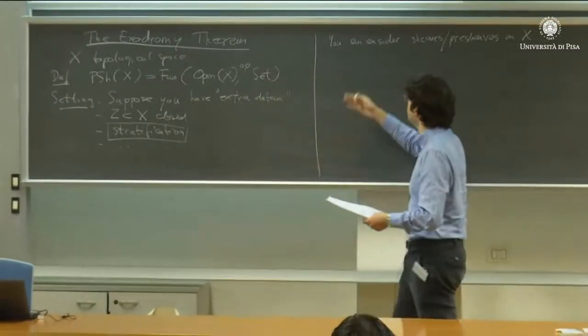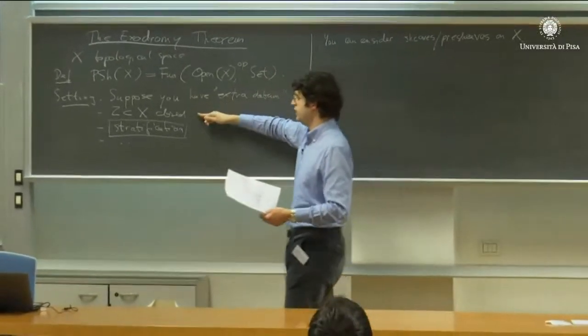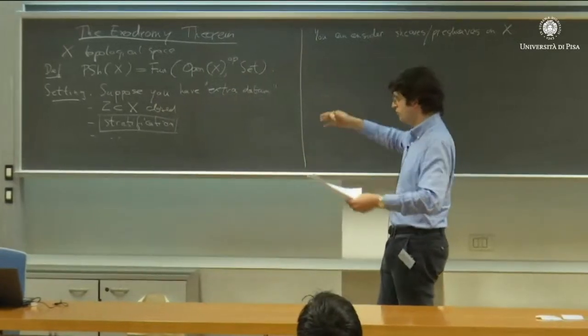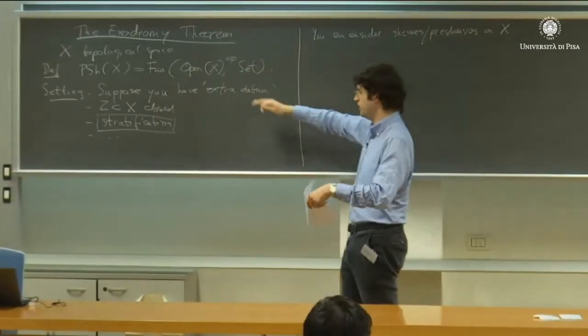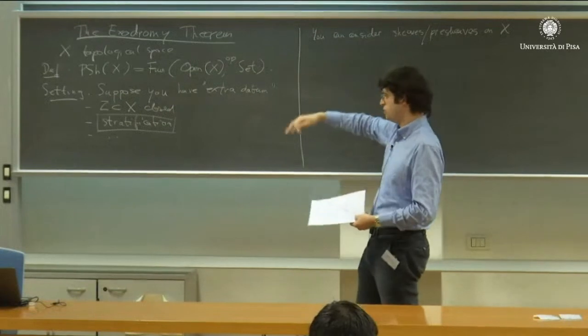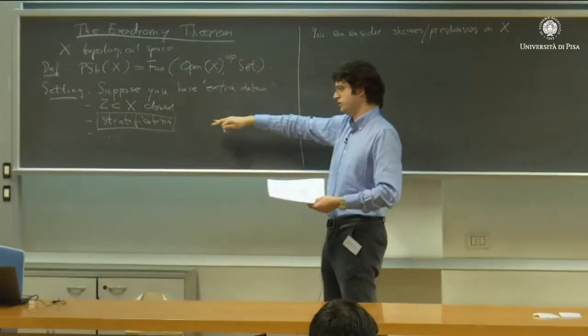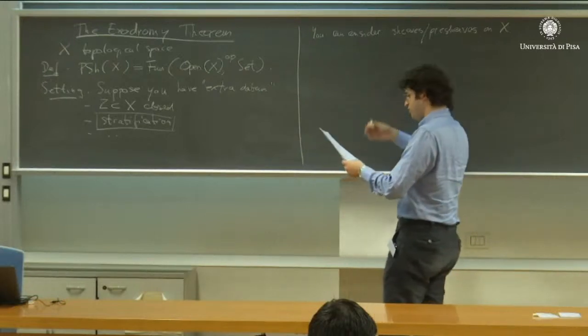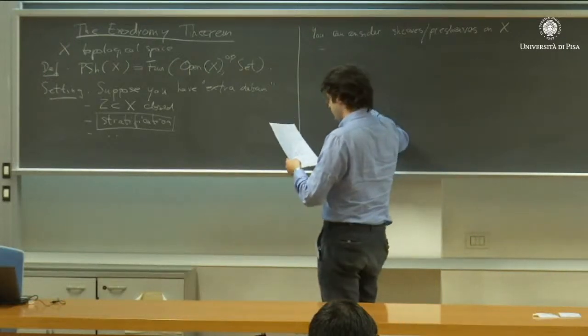So, for example, sheaves with support in Z, or sheaves which are locally constant on X. There's no extra structure here. Or sheaves which are constructible over the stratification. These are the examples I'm interested in, and I will give definitions in a precise way later.